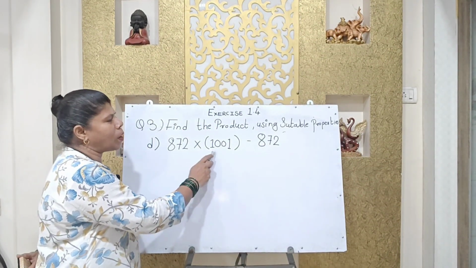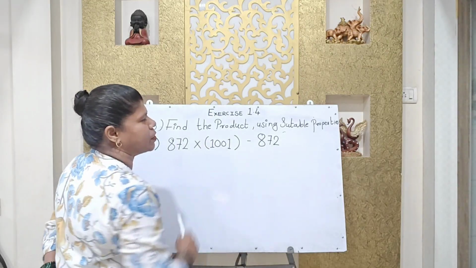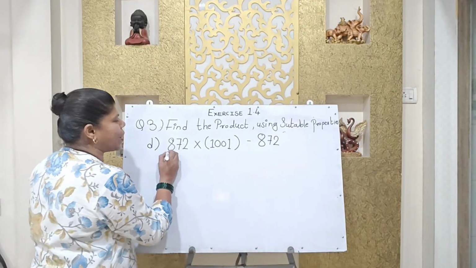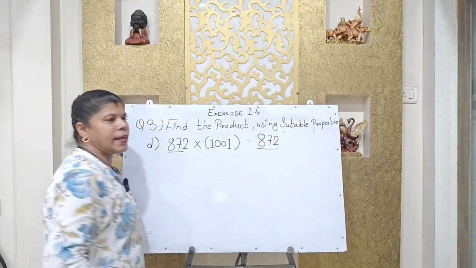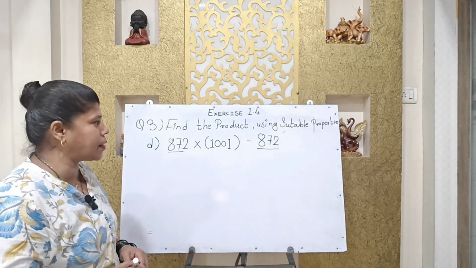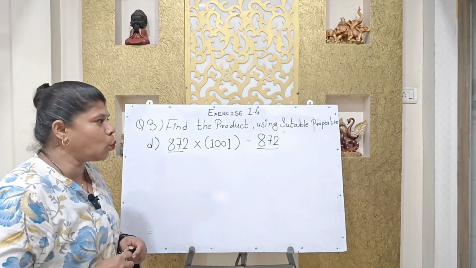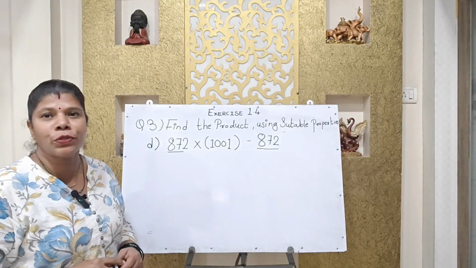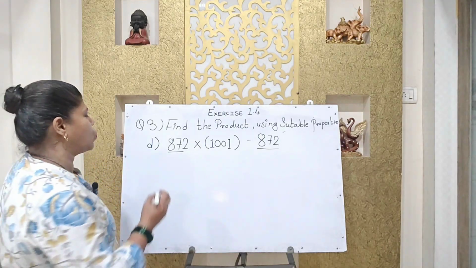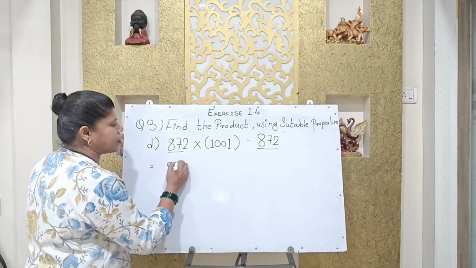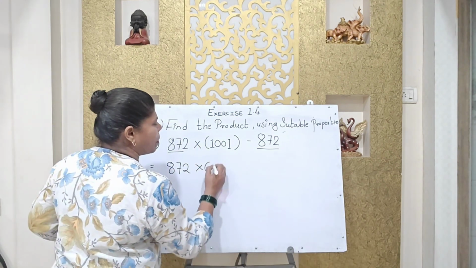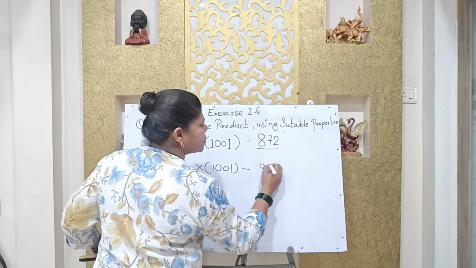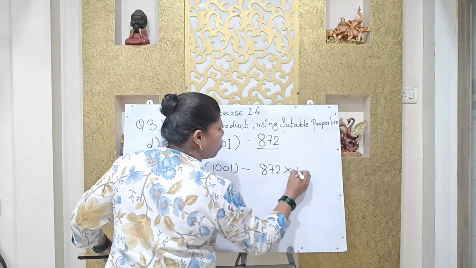Question number 3d. 872 multiplied by 1001 minus 872. What is common in this sum? The 872 is repeated twice in this sum. We know one rule that if we multiply any number by 1, the number is not going to change. So first step, 872 multiplied by 1001 minus 872 multiplied by 1.